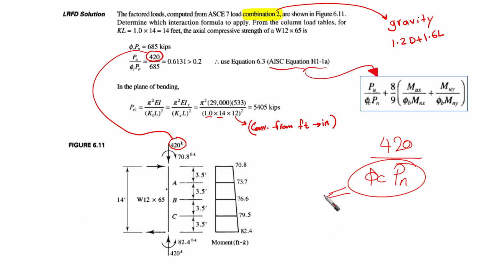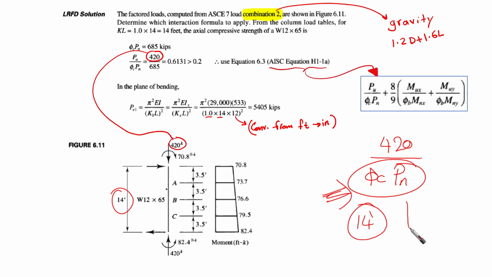What is the quickest way for obtaining this? Yes, that's right. You can obtain it from different sources, but the simplest way is to use the column load tables. You enter with the length that you have. You have 14 feet here, right?